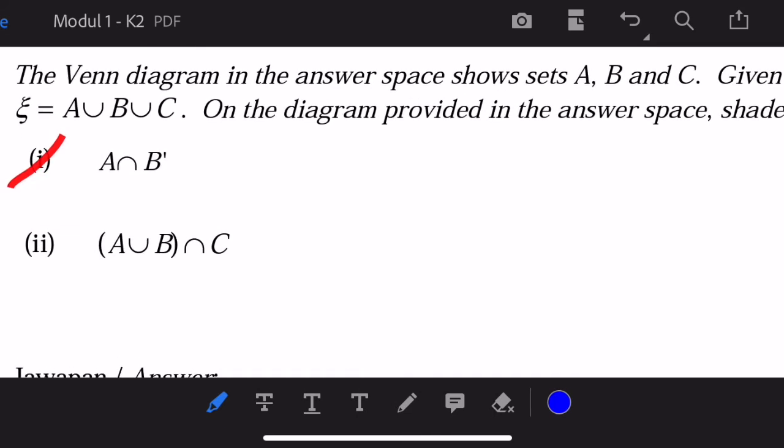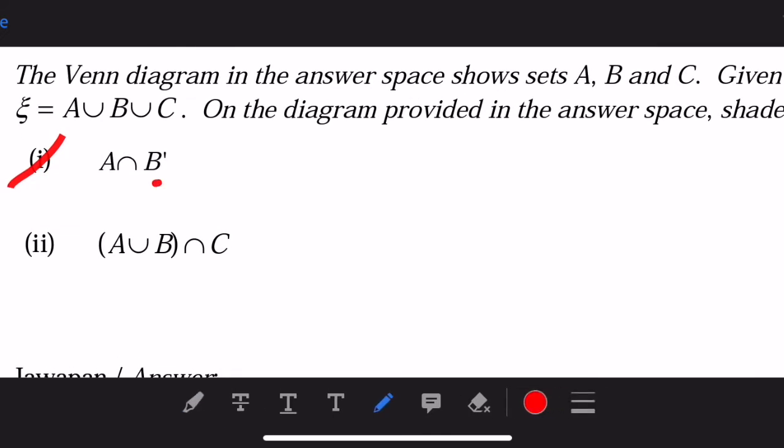Okay, B prime, the complement of B. That means we cannot consider the region of B. Alright, complement means not taking set B, or the elements outside of set B. Then you are asked to shade the region for this one.